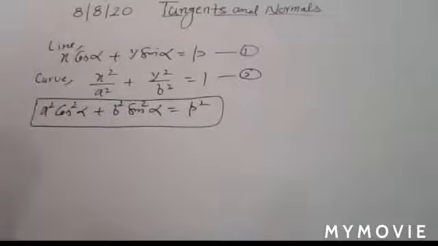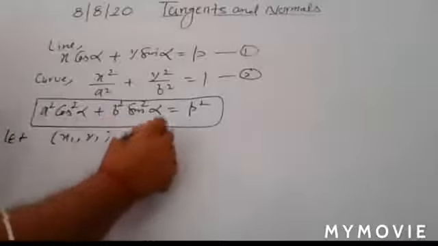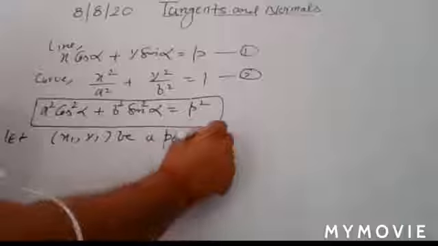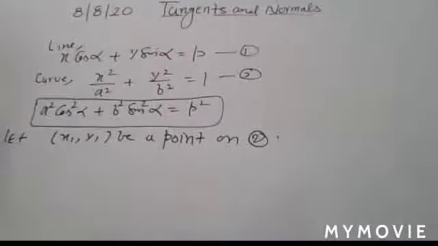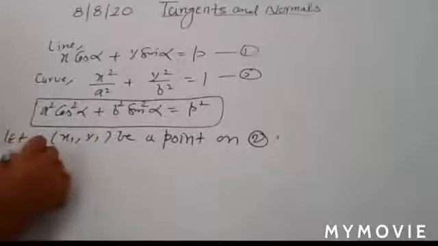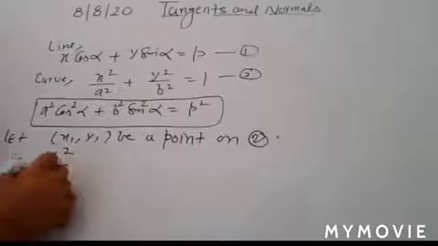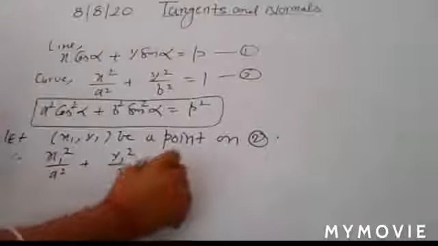Okay, so just check it. First of all, assume let x1 y1 be a point on the second curve. So no doubt, if you assume that to be a point on the second curve, it satisfies it. So you have x1 square upon a square plus y1 square upon b square is equal to 1.